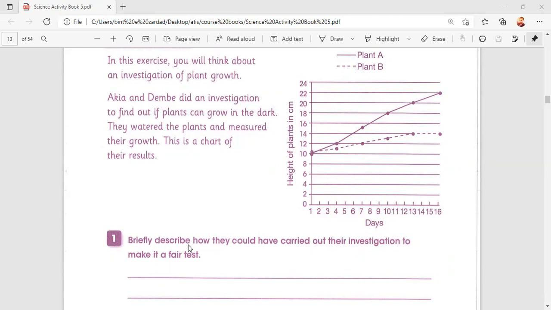Briefly describe how they could have carried out their investigation to make it a fair test. For any kind of activity, if you want a fair test, all the other equipment and all the other materials should be similar. Only the one thing you are investigating should change.